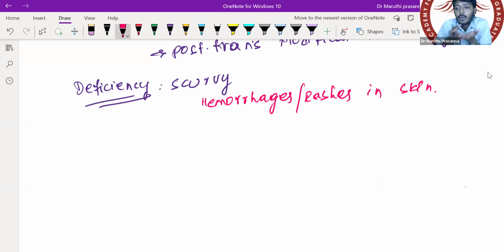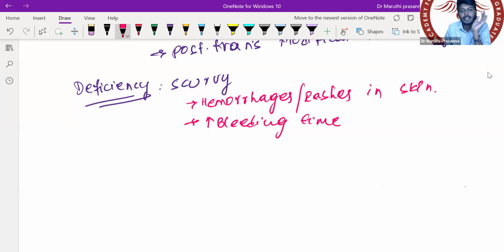Now collagen is not working properly because of lack of vitamin C. If collagen is not working properly, automatically capillaries will undergo damage, which will lead to bleeding. Also, in children, bleeding time can be increased.